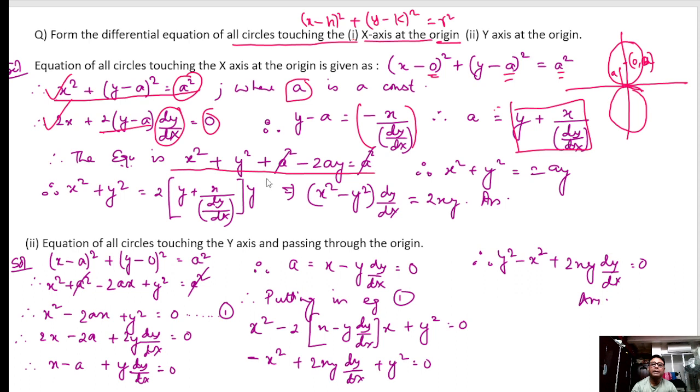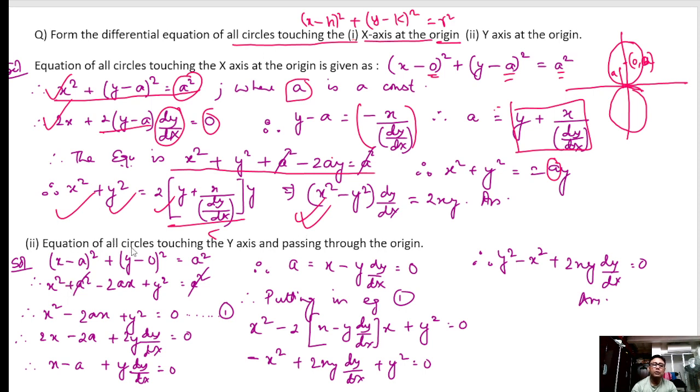Then a square and a square cut, so this remains, and in place of this a, I will replace my value of a. So this comes out to be my equation of the circles touching the x-axis.